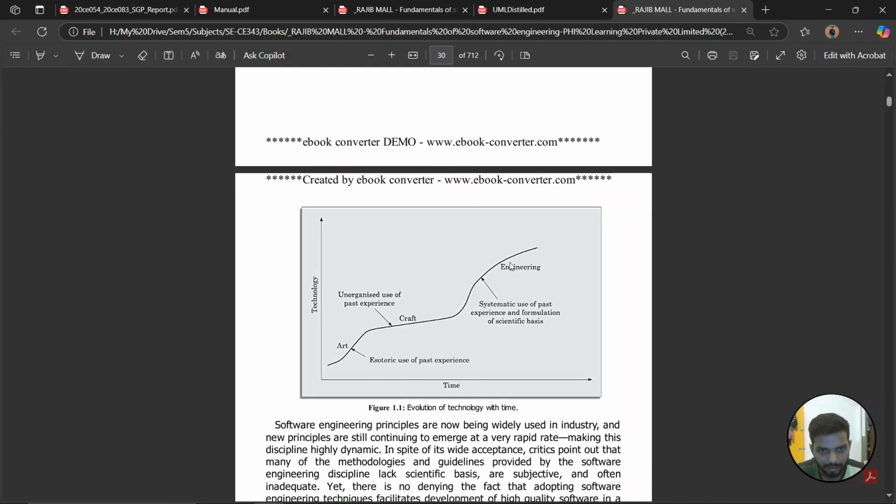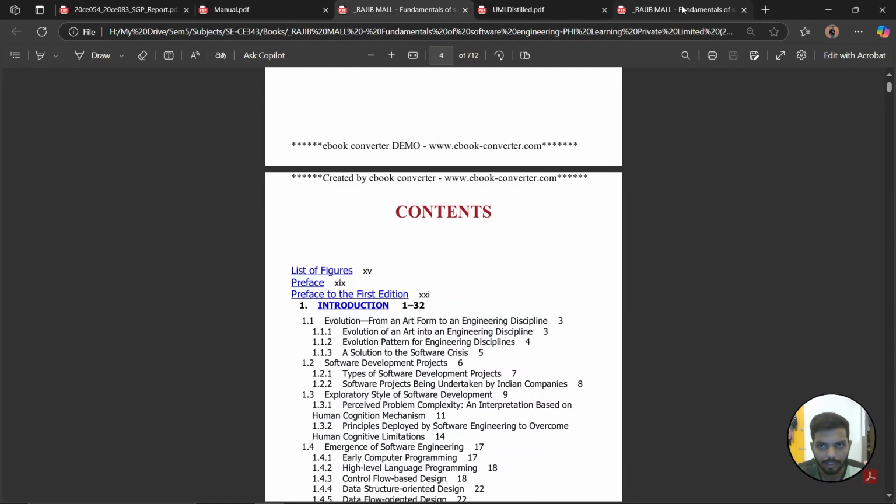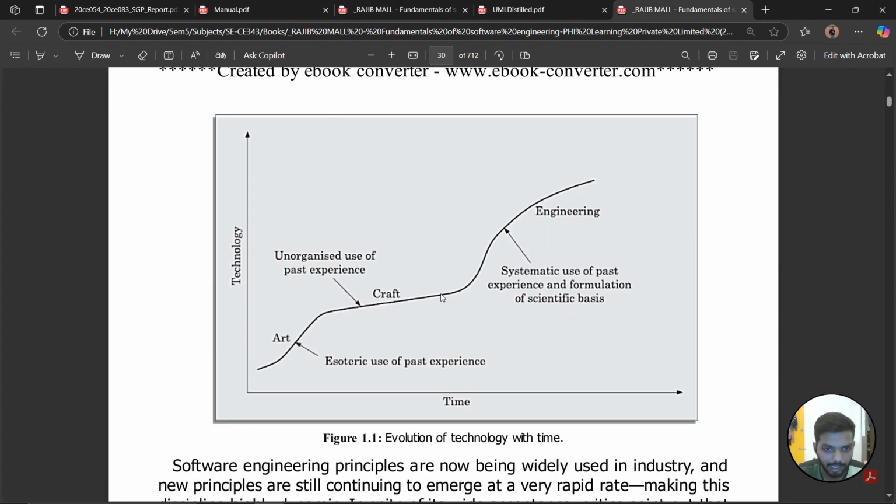But when I shared this thing, one more thing, Ayushman, I don't know if it is this guy only, Rajiv. We had an expert session in our college, where Rajiv Mall was present, taking a lecture on software testing.